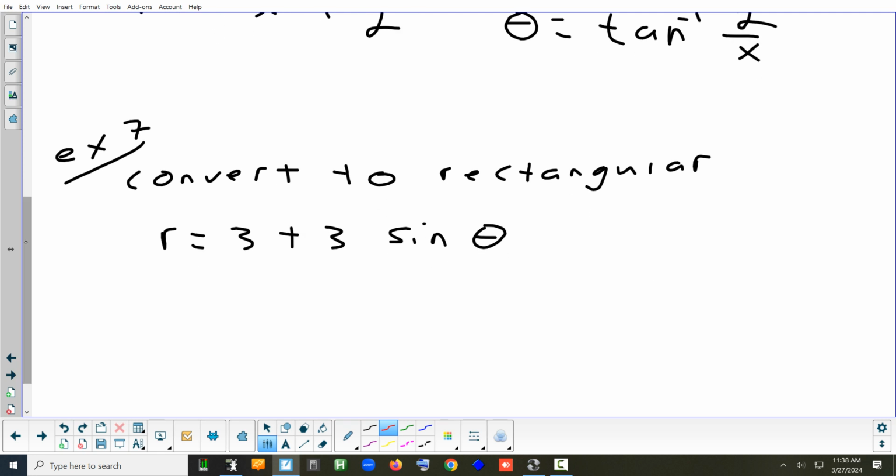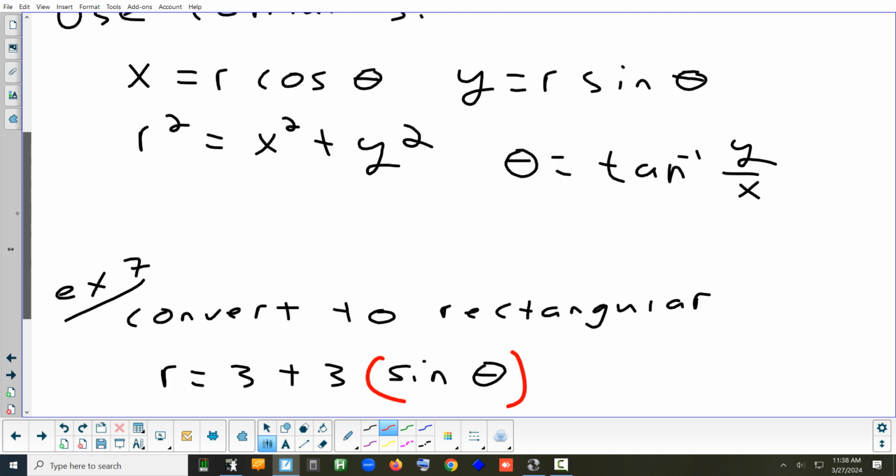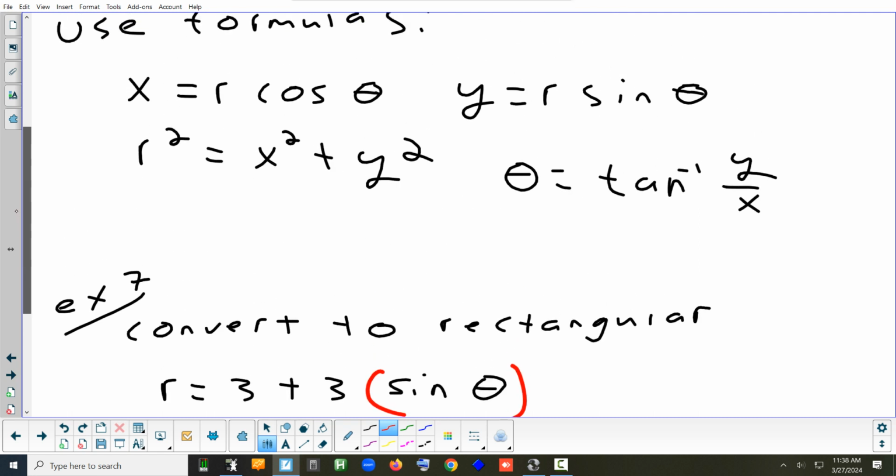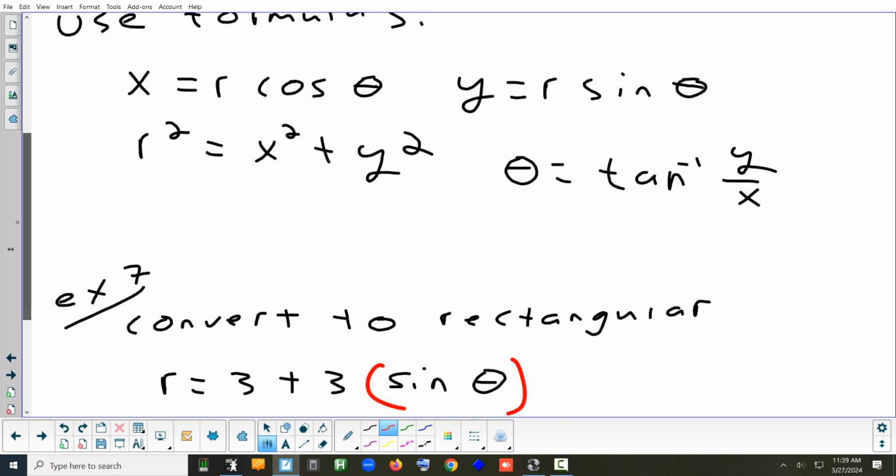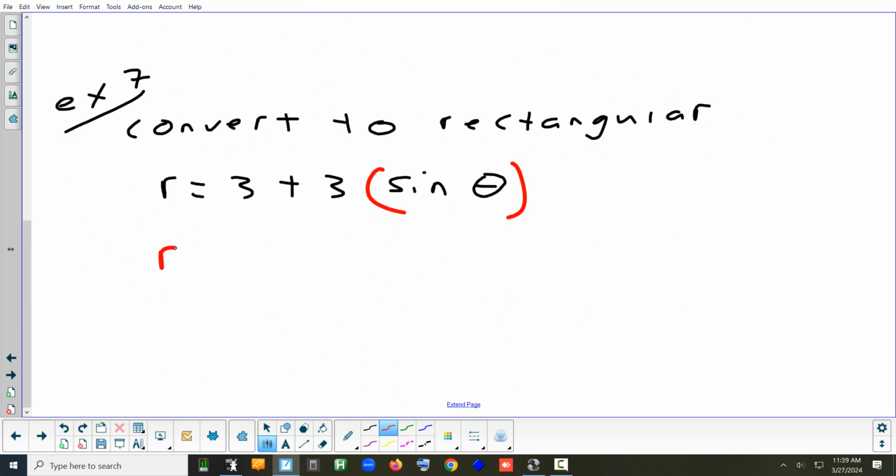Well, let's start with this. What could we substitute in for sine theta to get rid of it? Yeah, y over r. Now I know that that introduces another r, but that's okay. Let's just try to get rid of sine, and then we can try to get rid of the r's.